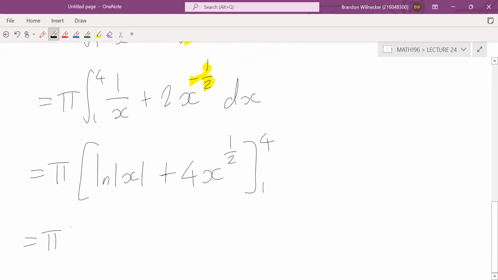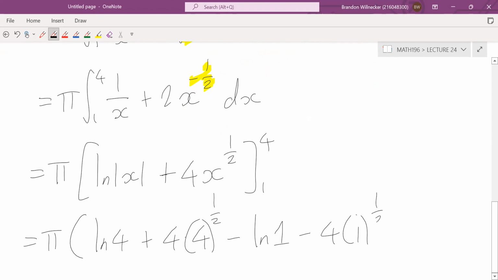So this is going to be pi, the natural log of 4 plus 4 times 4 to the 1/2, minus the natural log of 1, or we can just write natural log of 1, minus 4 times 1 to the 1/2.